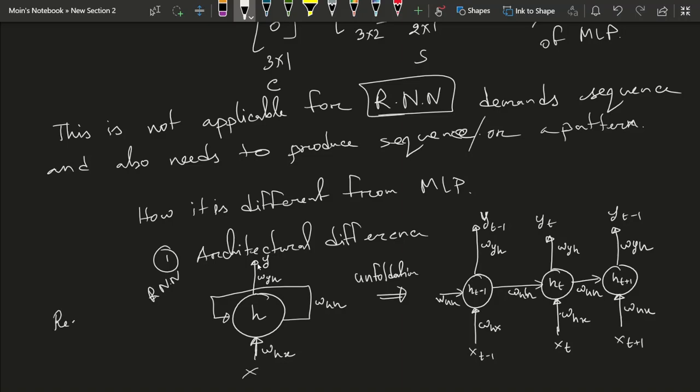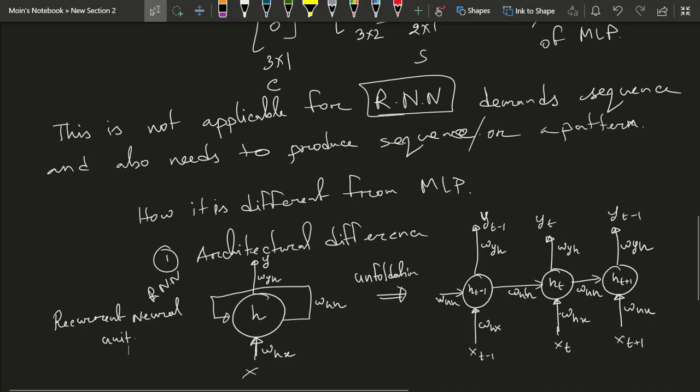It's a recurrent neural unit. All the functionalities of a neuron are also comprised in this architecture, but it is associated with some hidden states and some functionality.